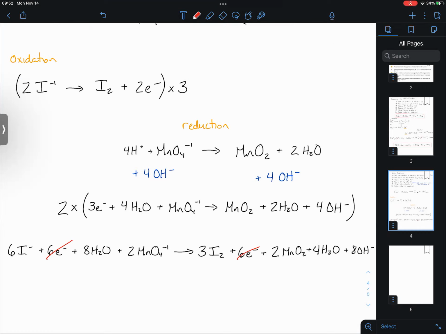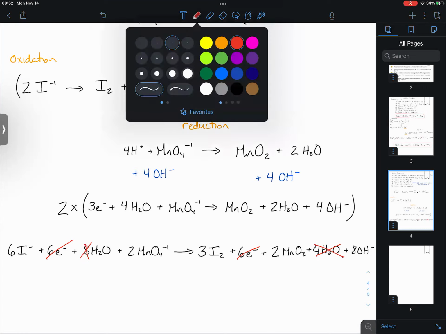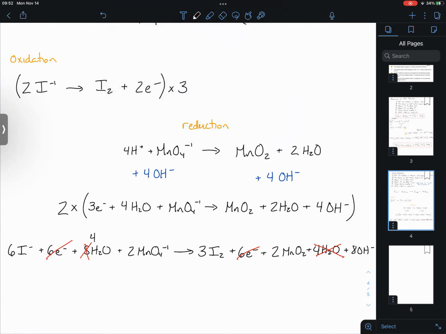The other thing that will reduce here is notice that I have waters on both sides. I have 4 on the left and 8 on the right. So this will cancel out and I'll be left with just 4 on this side. They don't cancel out completely because there weren't the same number on either side, but I will just subtract from my 8 those 4 that I removed over here. A reaction that consumes 8 water molecules but then generates 4 new ones is a net consumption of 4.